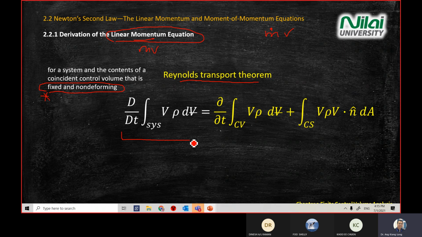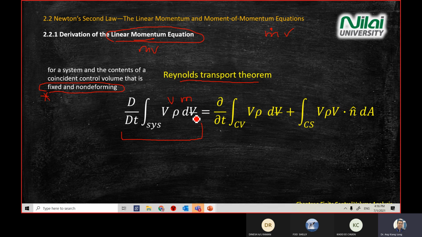On the left hand side of the equation, you will have the system equation, where by default we take velocity times rho times volume. You know that rho times volume gives m, and m times v gives momentum. Momentum divided by time gives the rate of change of momentum. We will always deal with the rate of change of something in this module.